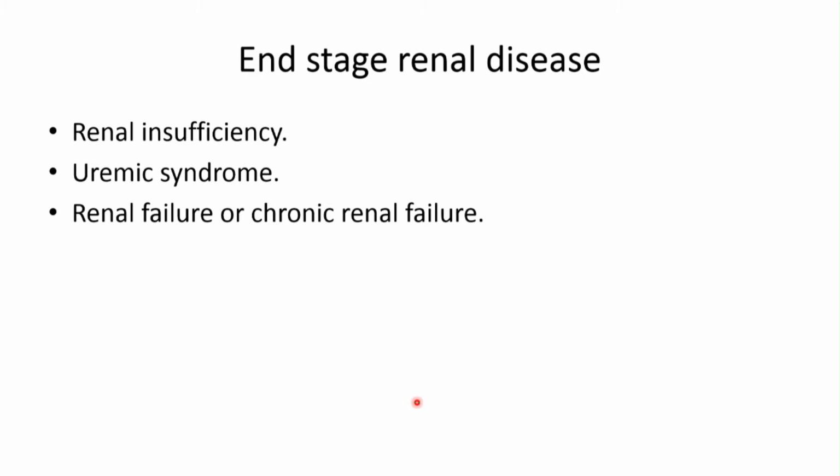Destruction of less than 50% of the nephrons within the kidney leads to a condition called renal insufficiency. In this condition, there is no clinical manifestation, and the patient usually appears normal.